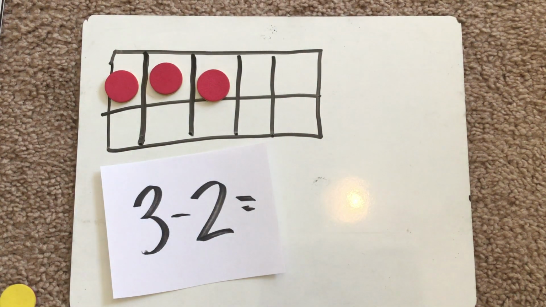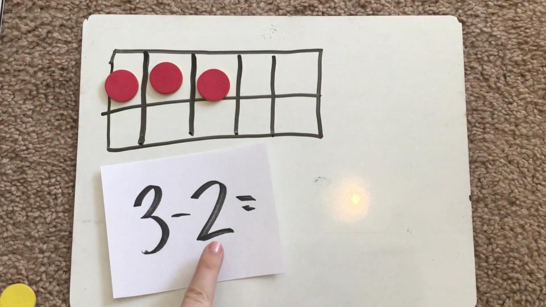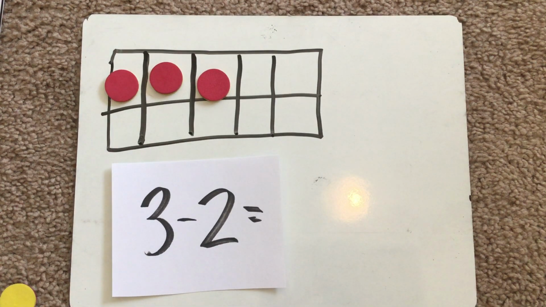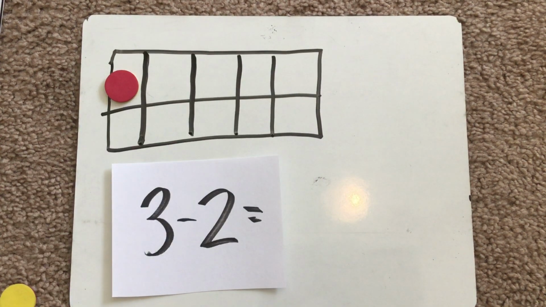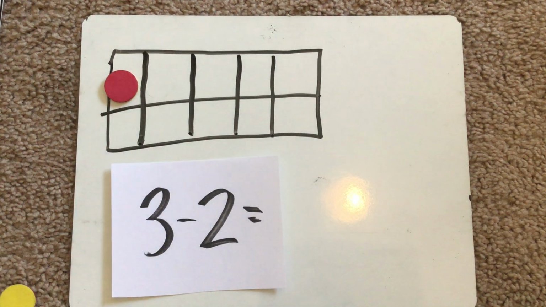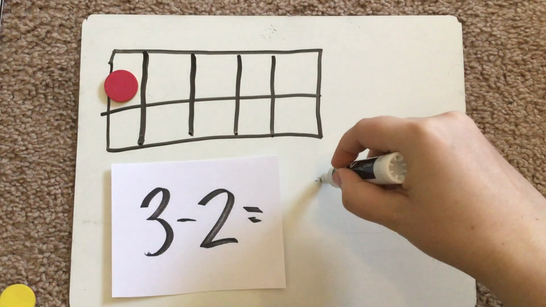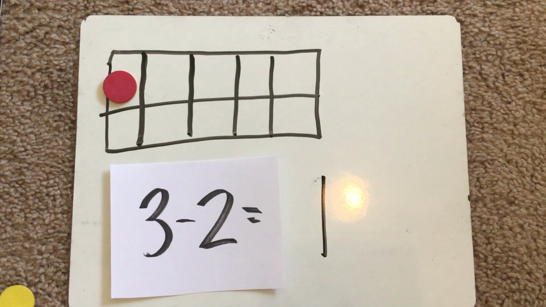How many should I take away? 2. I'm taking away 2, so let's take away 2. 1, 2. And how many are left in that 10 frame? 1. There's 1 left. So if I have 3 and I take away 2, it equals 1. Awesome. Let's keep going.